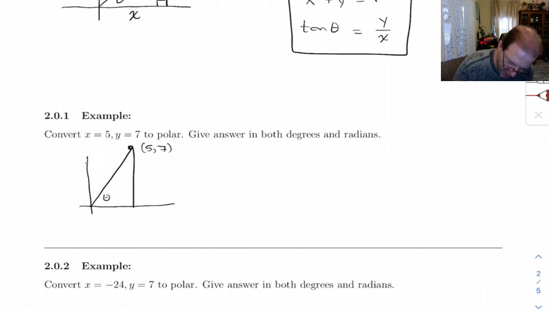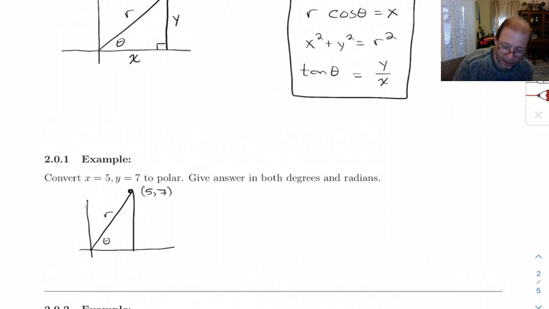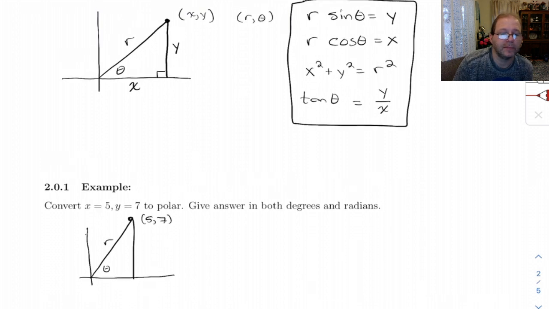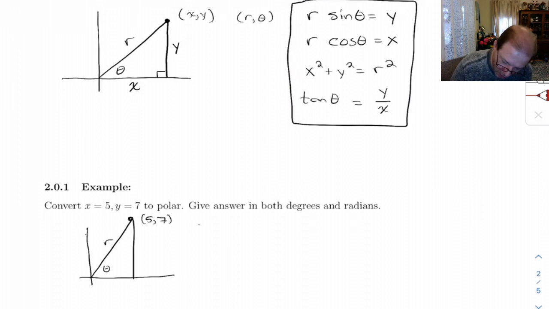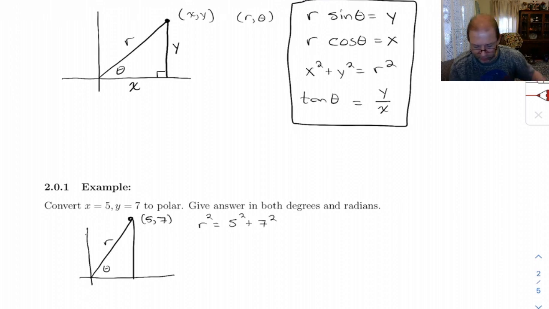And so I'm trying to figure out my theta and my r. Based off of those equations up there, to get theta and r, I'm going to use these two. So r squared is 5 squared plus 7 squared. So that's 49 plus 25.